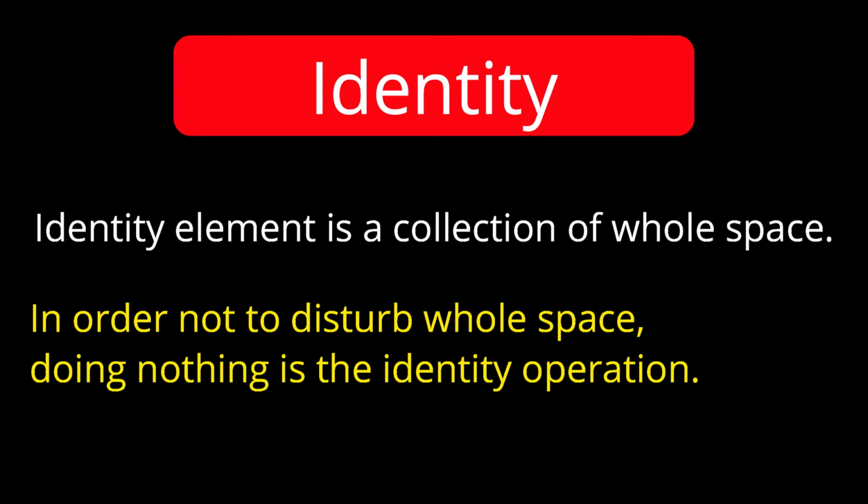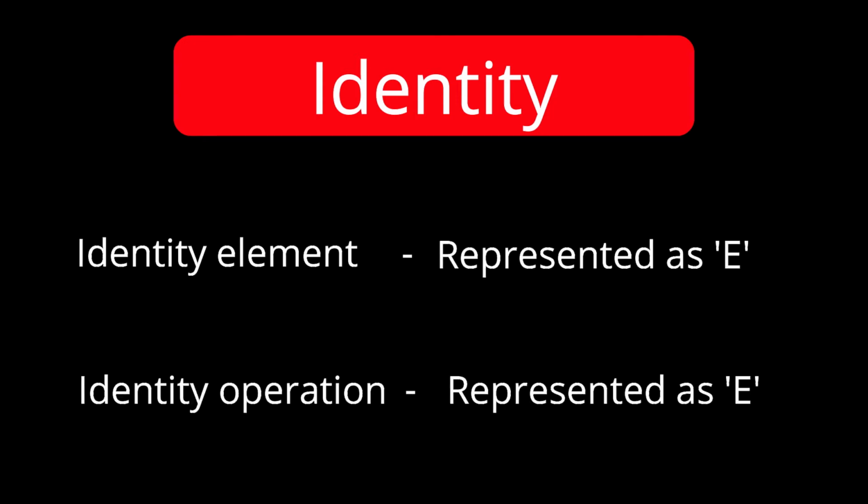Now, let us see their representation. Identity element is represented by symbol capital E, and identity operation also is represented by the symbol capital E, but there is a difference in element and operation.